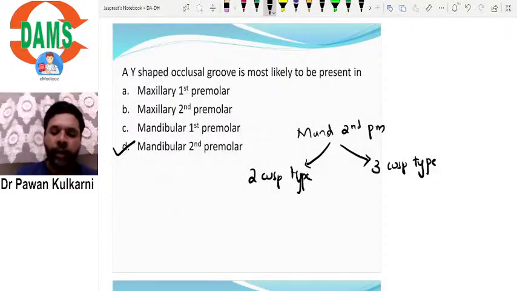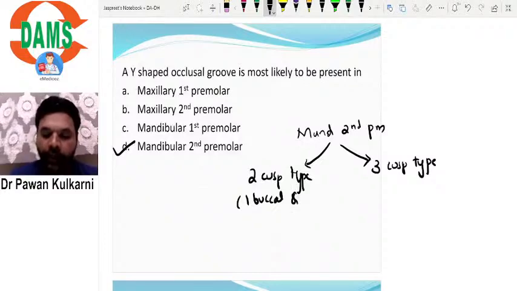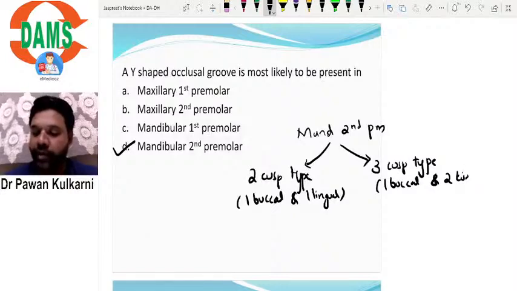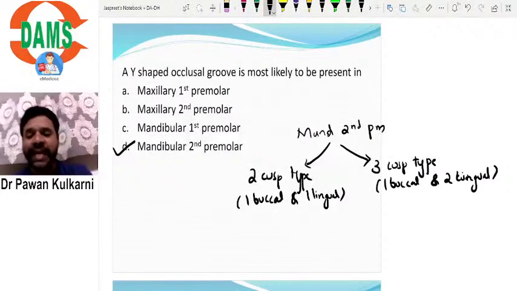What do you mean by 2 cusp type? It will have one buccal cusp and one lingual cusp. Whereas the 3 cusp type will have one buccal cusp and two lingual cusps.